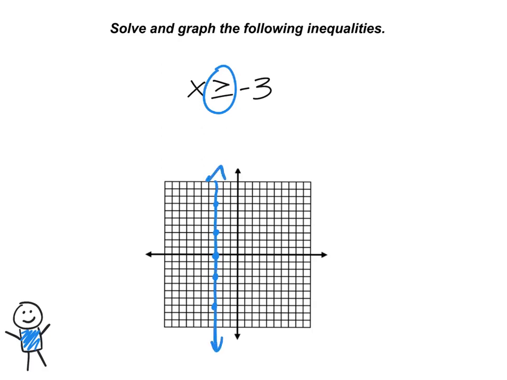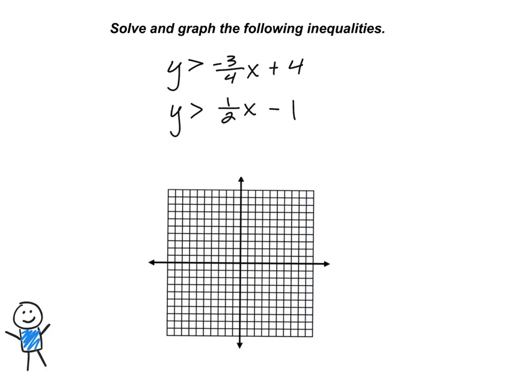And if I'm trying to shade all the values of x that are greater than or equal to -3, in this case I need to shade to the right of the line that I graphed. Every point in the area that I shaded has an x value of at least -3.